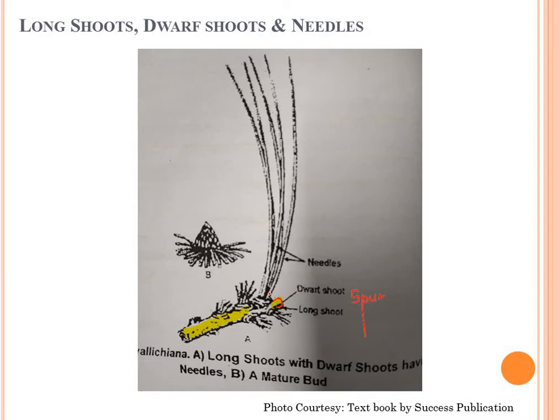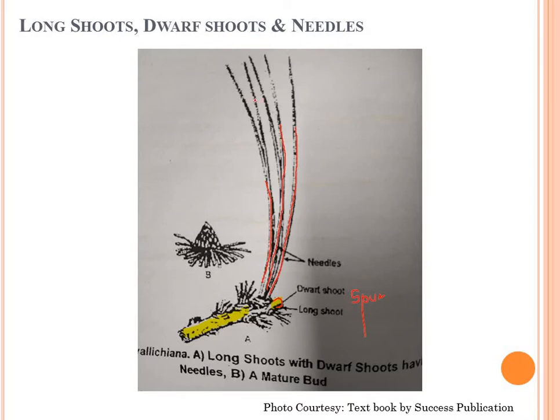Then see, these are the needles. Actually, these are the leaves, green leaves. And needles may vary in different species of Pinus. In Pinus roxburghii, 3 needles are present. In Pinus monophylla, only 1 needle is present.